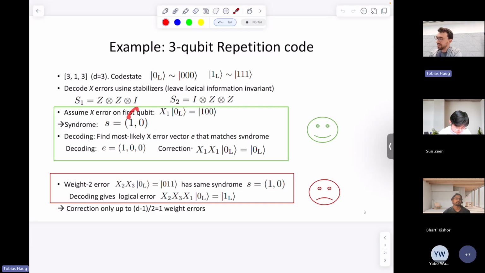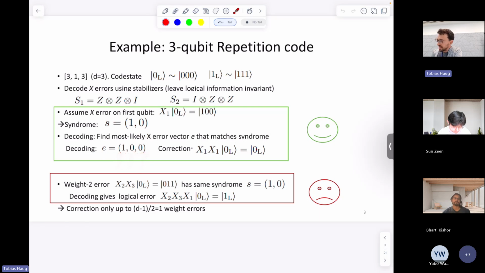The syndrome will be 1, 0, where the 1 indicates that something has happened here. When you now do decoding, you plug in your syndrome, and the decoder finds the most likely error that matches this syndrome condition, for example, an error on the first qubit and no error on the second and third qubits.